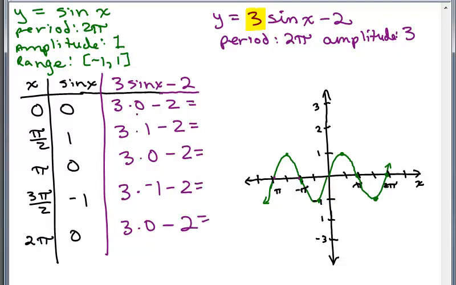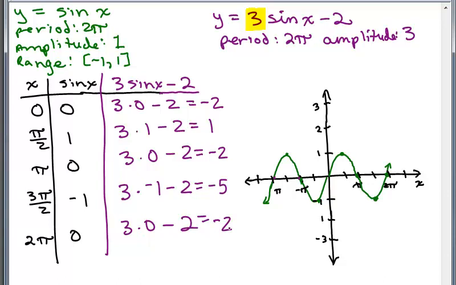So let's do those. We've got 0 minus 2, it's a negative 2. 3 minus 2 is 1. 0 minus 2 is negative 2. 3 times negative 1 is negative 3, and then subtracting 2 from that, we get negative 5. Then 3 times 0 minus 2 is negative 2.